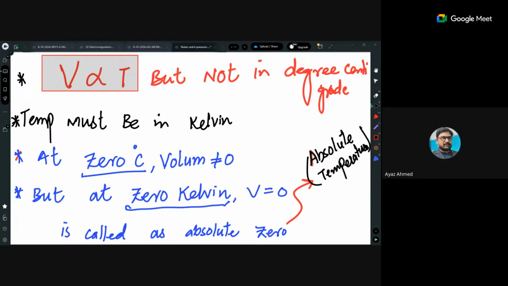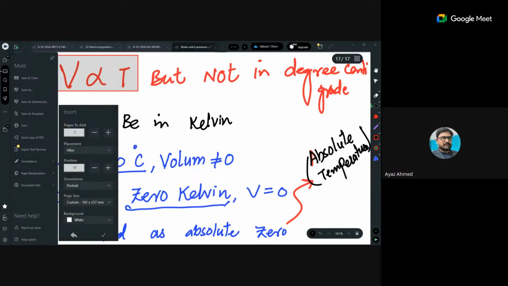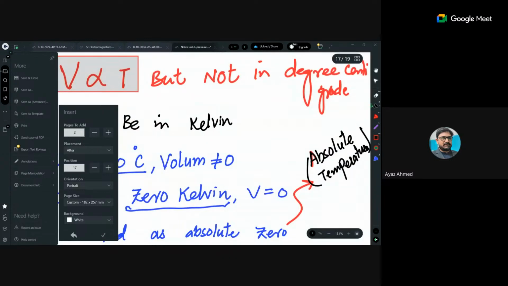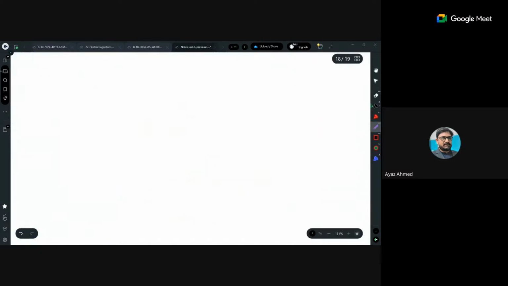So this is an important point: when you draw the volume and temperature graph, you will have some difference in Kelvin and centigrade, right? Let's say I'm going to draw a graph here.